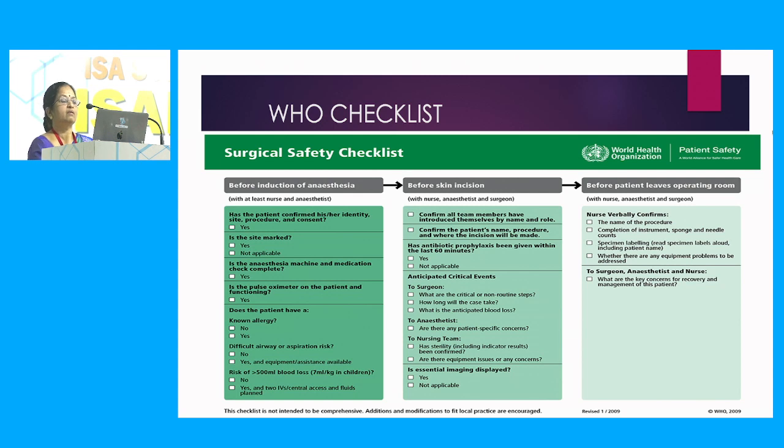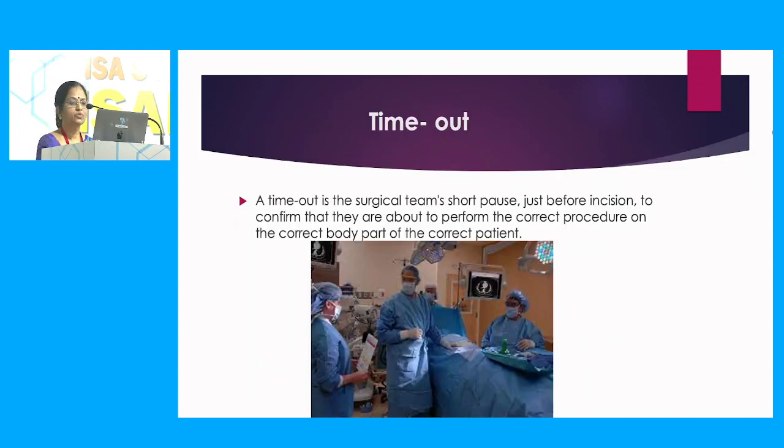Then coming to the sign out, before the patient leaves the operating room, the nurse can verbally confirm the name of the procedure, completion of the instrument count, specimen labeling, and to the surgeon, anesthetist and nurse, you can ask, what are the key concerns for the recovery and post-op management of the patient? So we have discussed timeout, that is to perform the correct procedure on the correct body part of the correct patient.